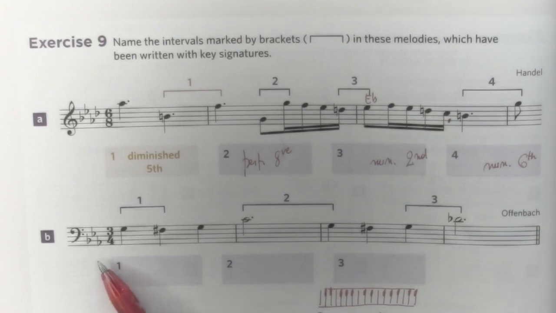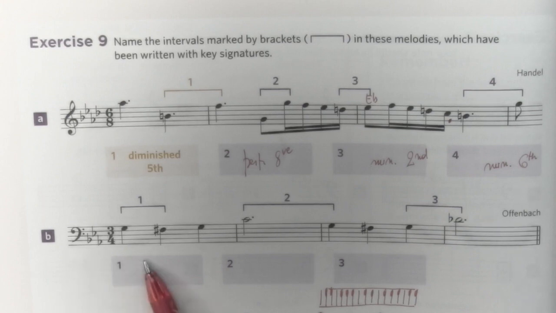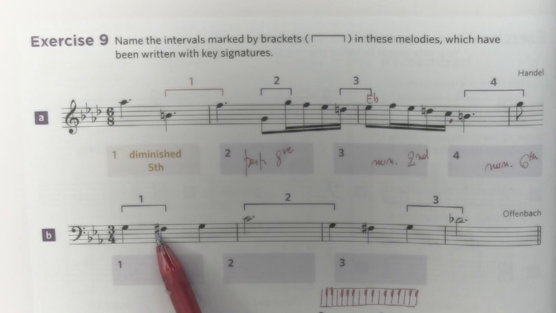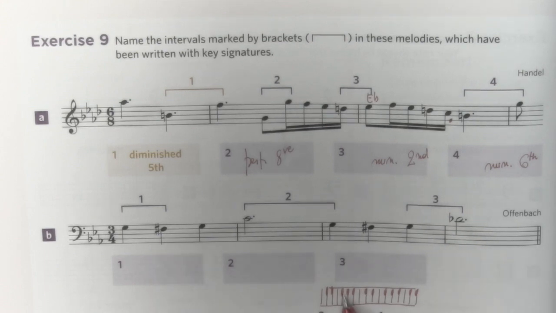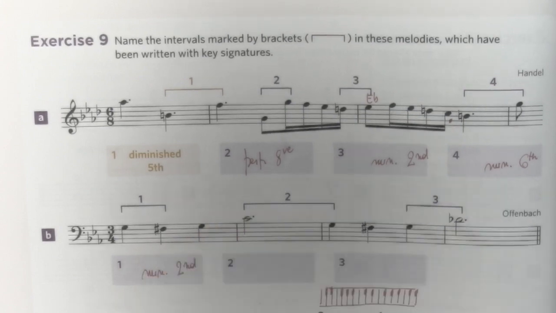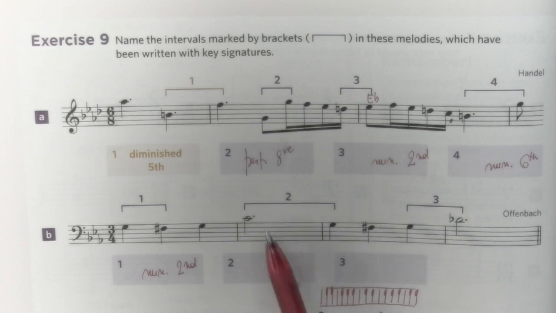Let's read the notes correctly on the second exercise, because this piece by Offenbach is written in bass clef. Sol, fa sharp. G, F sharp is a semitone. So, minor second. Brilliant.